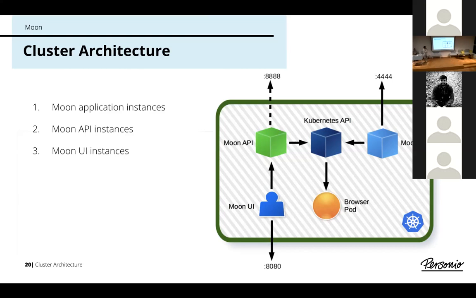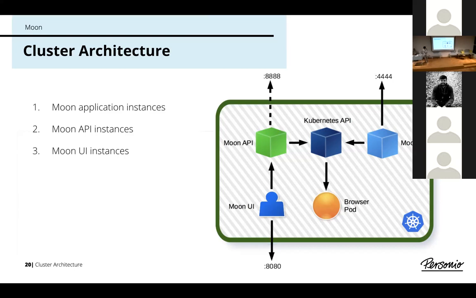If you are running maybe 1,000 or 2,000 browsers in parallel, you know that a single Moon instance cannot handle that much load, and that could actually cause some problems, and your Moon instance can crash. That's when you can scale it up by using the replicas, and you can have maybe 2 or 3 instances of Moon running, and Kubernetes will control the requests, and each of the requests will be going into each of the Moon instances, and thus you don't overload Moon.